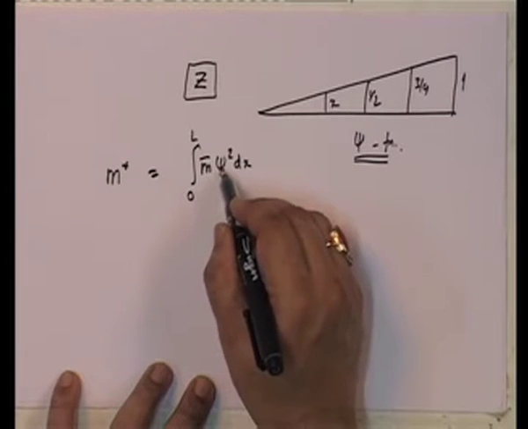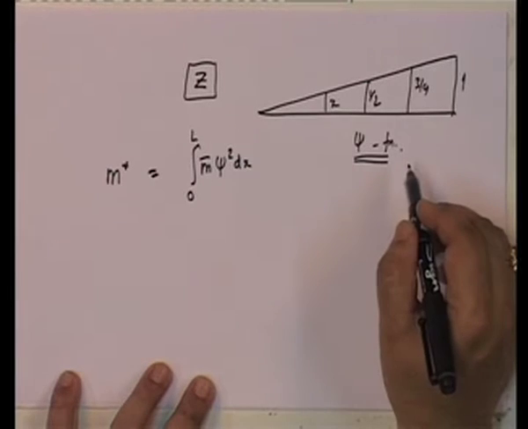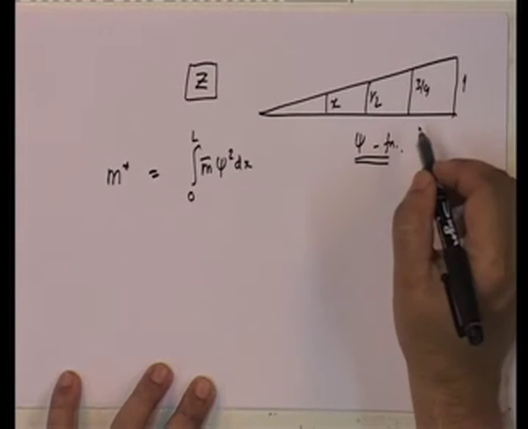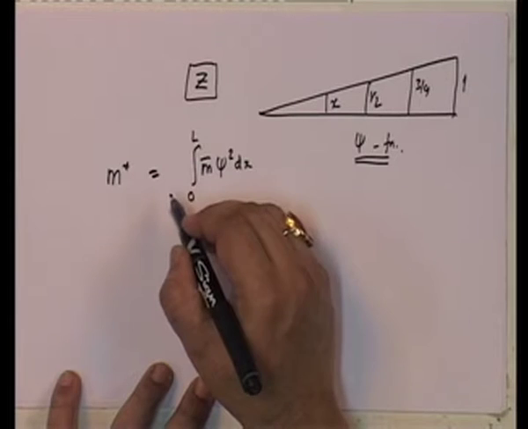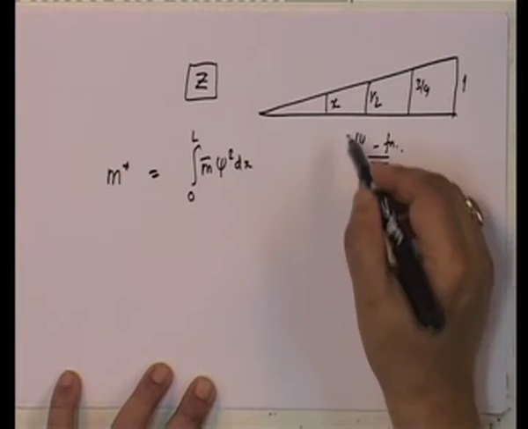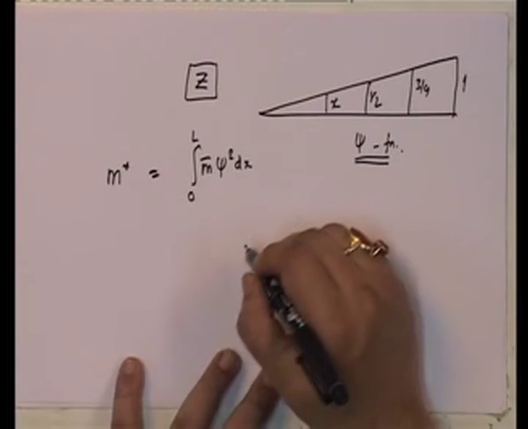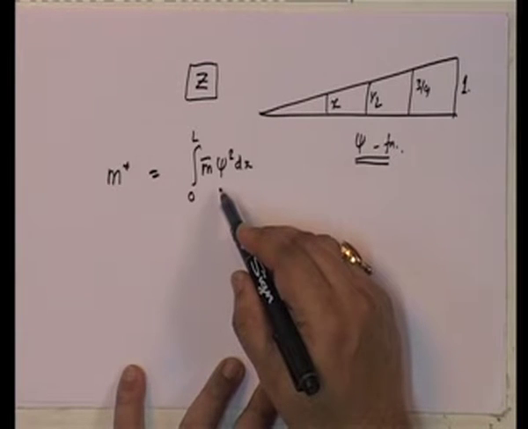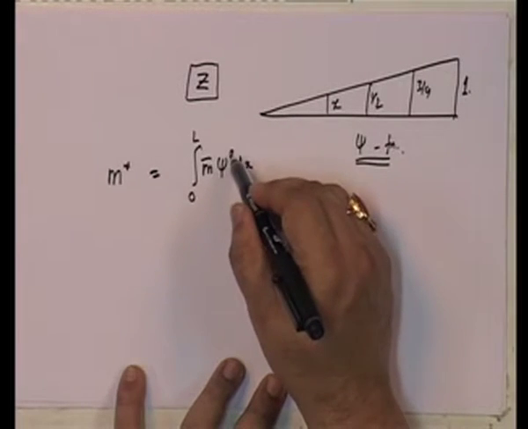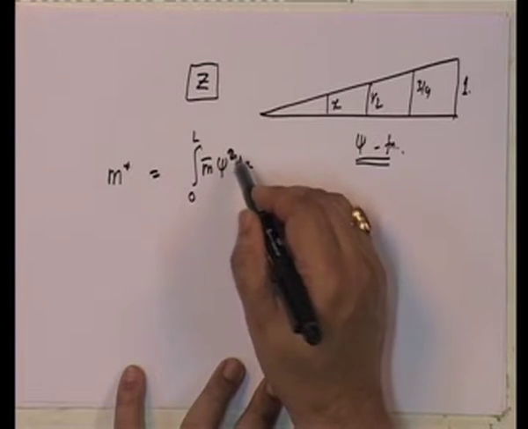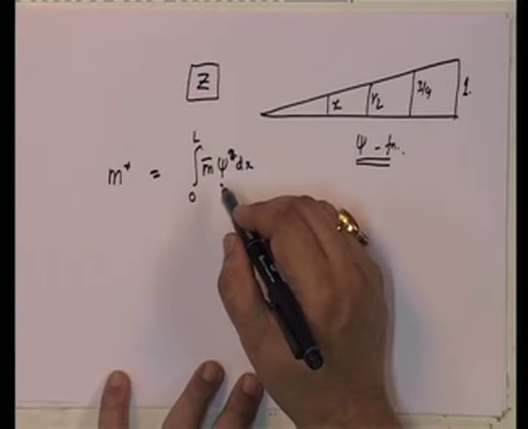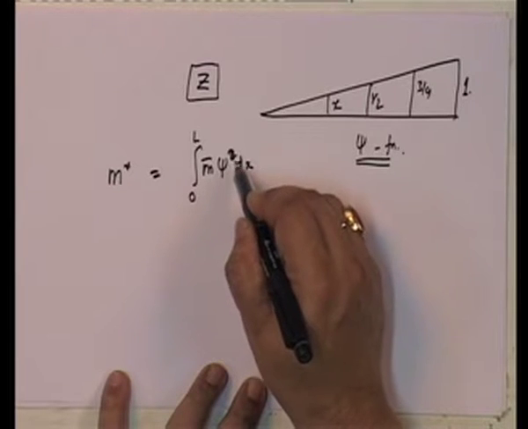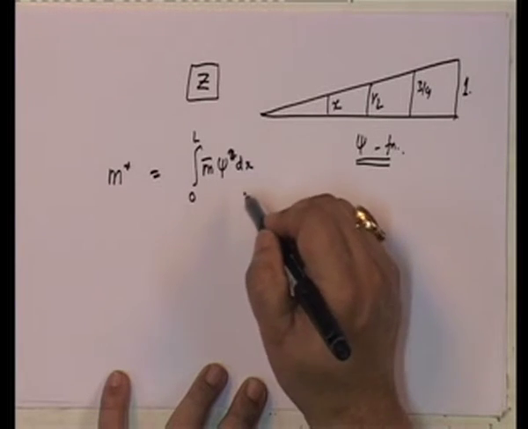Xi in this particular case is x squared, you put in x, and so m star then becomes essentially m bar xi squared, and it becomes m bar L cubed.